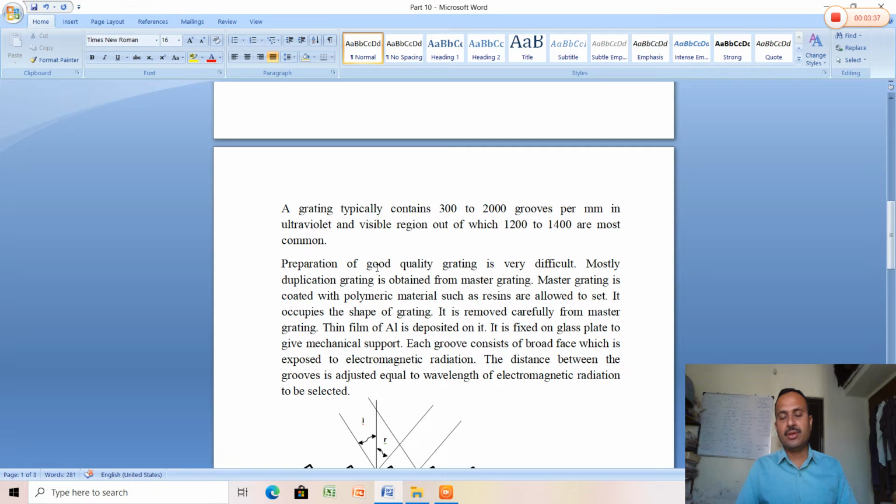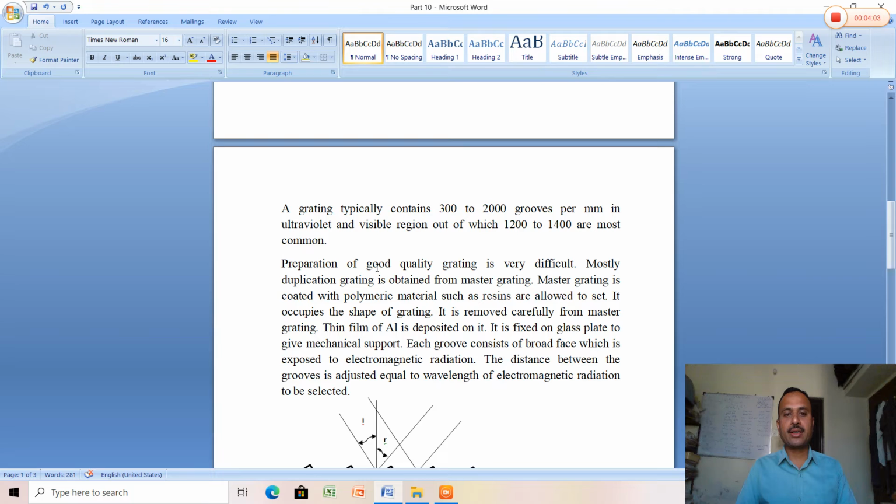The master grating is coated with a polymeric material such as resin. The resin is allowed to set, and it occupies the shape of the grating. It is then removed carefully from the master grating.